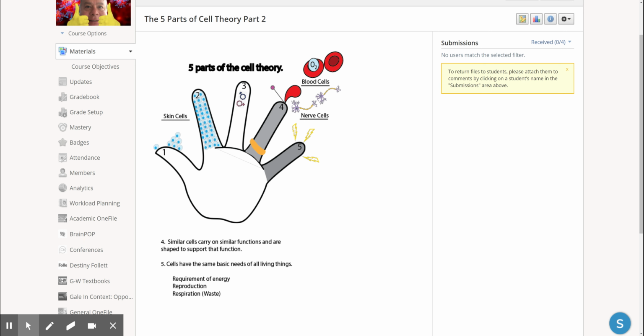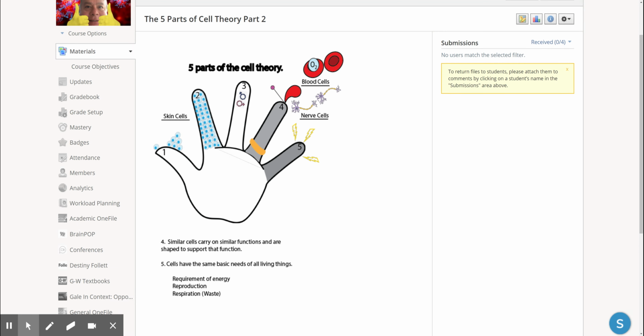It's the building block of an organism. Number 3, all cells come from pre-existing cells. In other words, they reproduce. Number 4, all cells have a specific function. And number 5, all cells require energy. All right, so let's take a look at number 4.